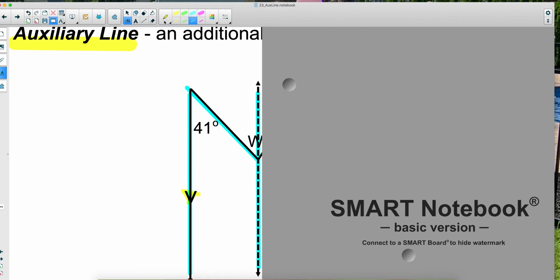And what begins to arise is we have all of those relationships: alternate interior, alternate exterior, and so on and so forth. So if I take a look, I actually know right now that this little angle right here at W has to be 41 degrees because it's the alternate interior angle to this angle here, right? So now these two angles are alternate interior angles.